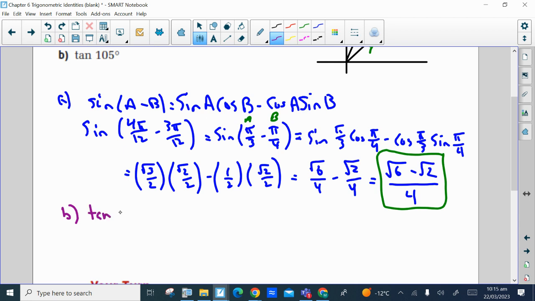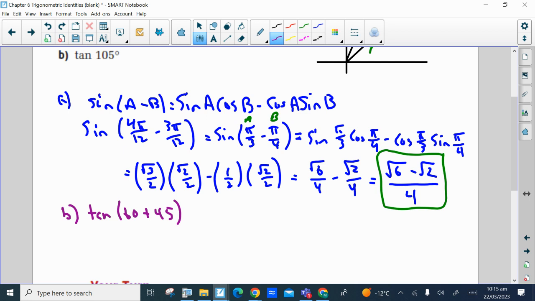So in some cases, there may be more than one way to do this, but in this case, one of those ways would be taking the tangent of 60 plus 45. 60 plus 45 equals 105, and 60 and 45 are both on the unit circle, so they will work. There might be other angles that will work, possibly.